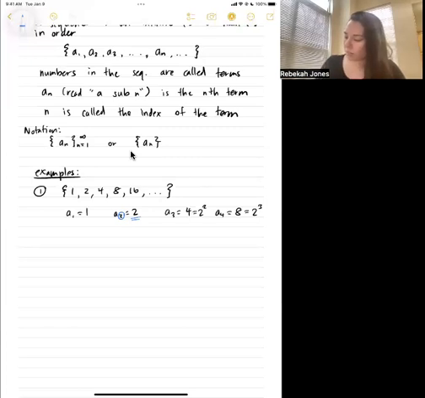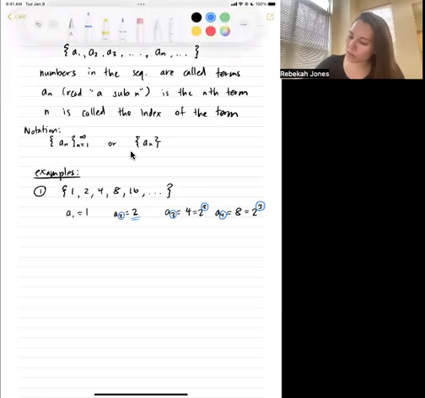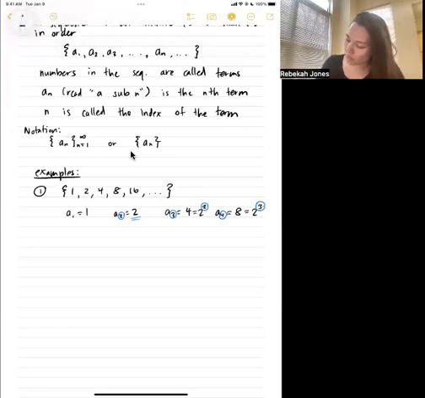For the index 3, the thing that's changing is the power on 2, and for my index 4, I get a power of 3. So in general, for the nth term, what I should get is 2 to the n minus 1. Check that when we plug in 1, that's 2 to the 0, which is the correct value.